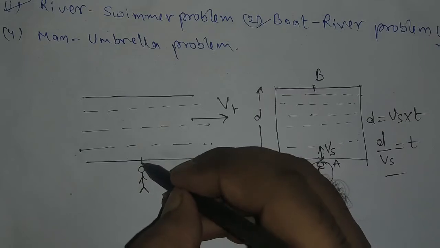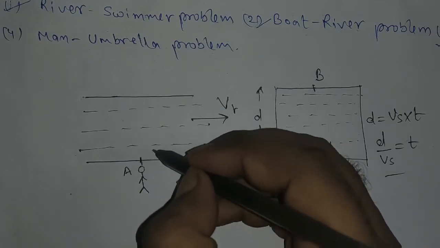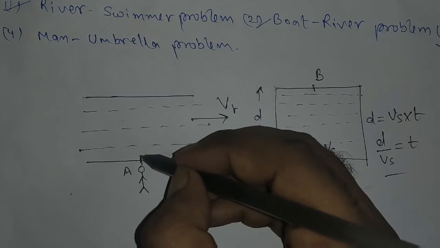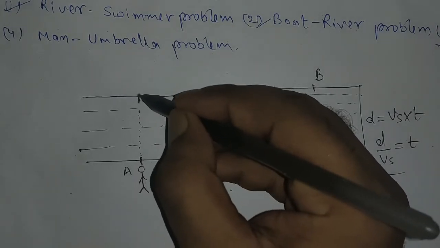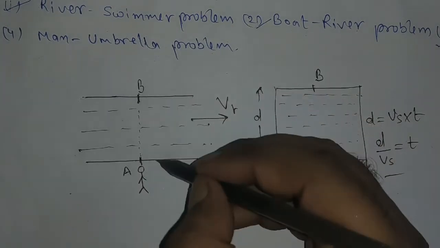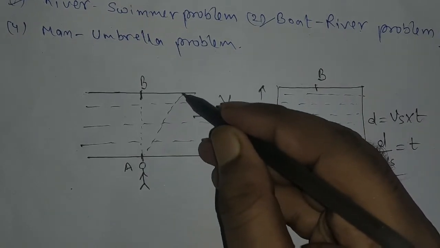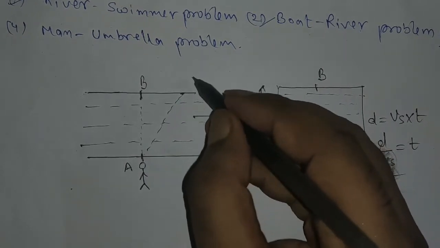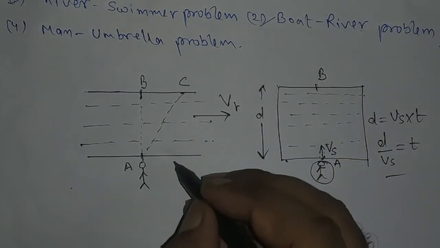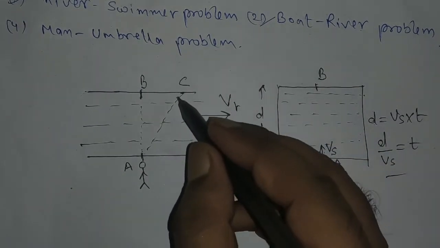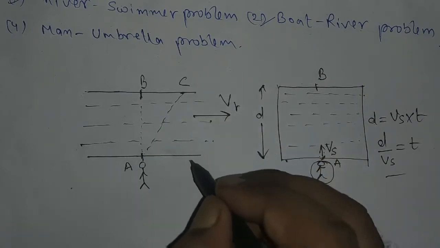This is the point A. At point A he jumped into the river. So students, will he reach the point B just opposite to the point A, or will he drift and reach the point C? What do you think? Students, he will drift and reach the point C instead of point B, because water is not still in this case.